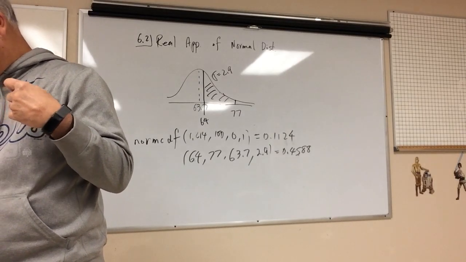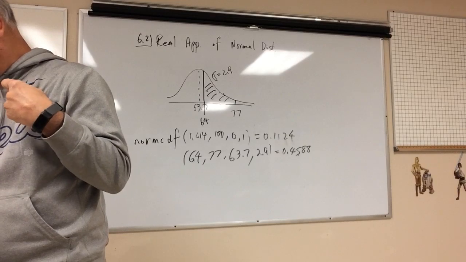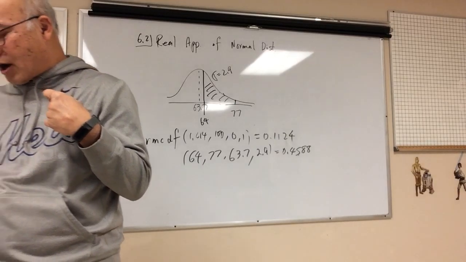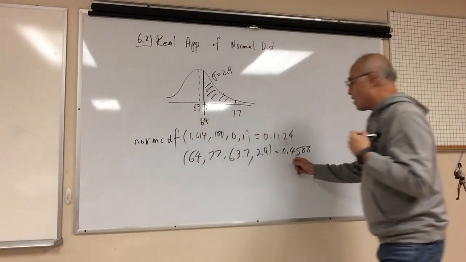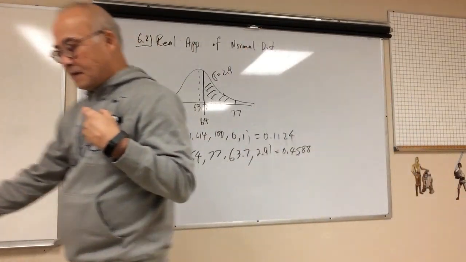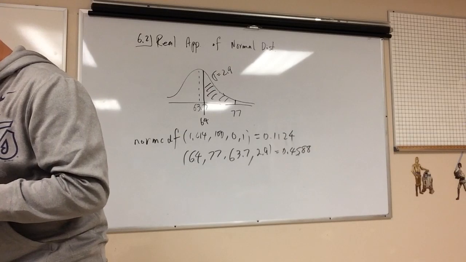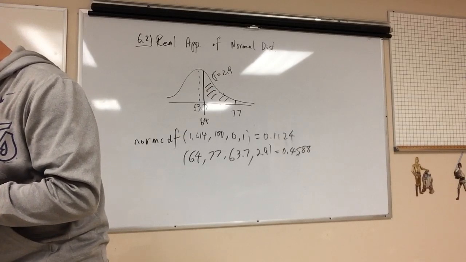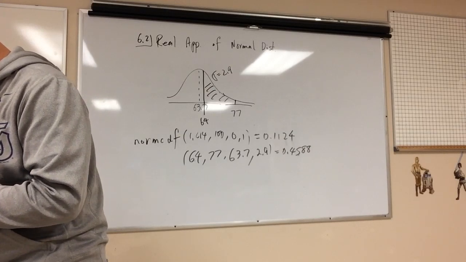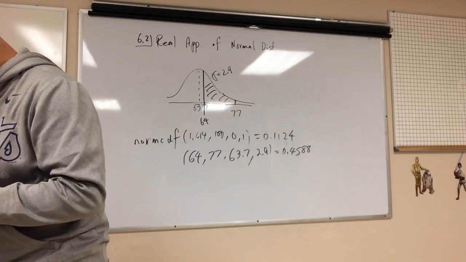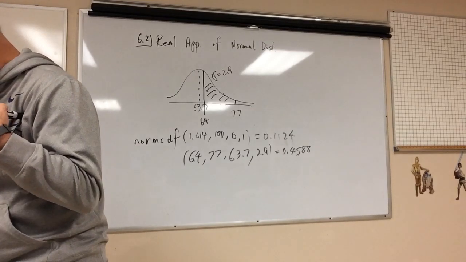In example 2, we saw that only 46% of the women satisfy the height requirements, 45.88 for us. What would be the maximum acceptable height of a woman if the requirements were changed to allow the shortest women to be pilots?